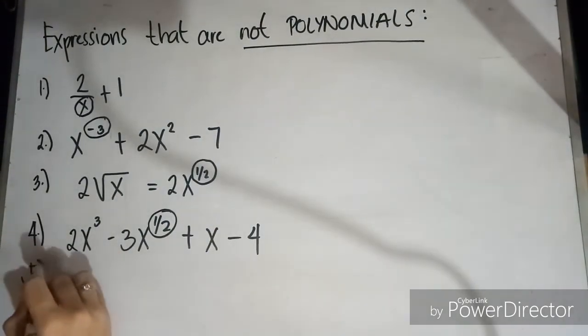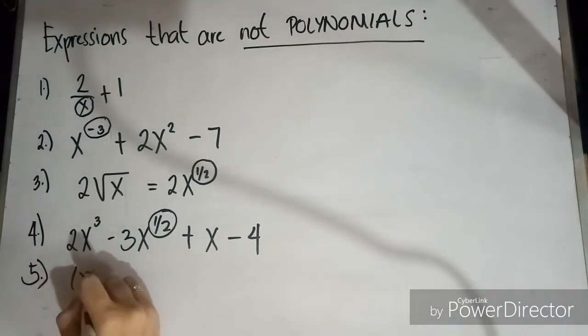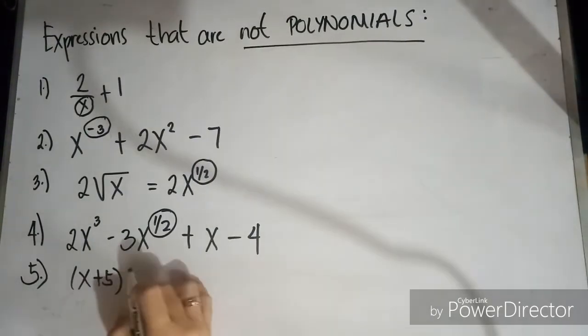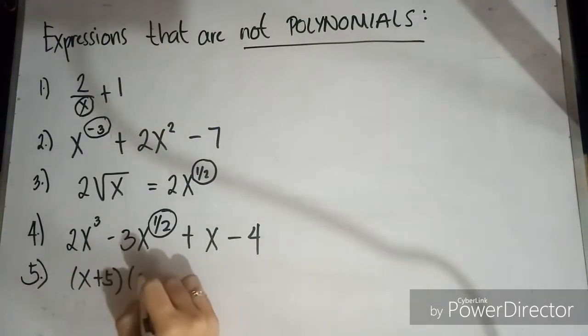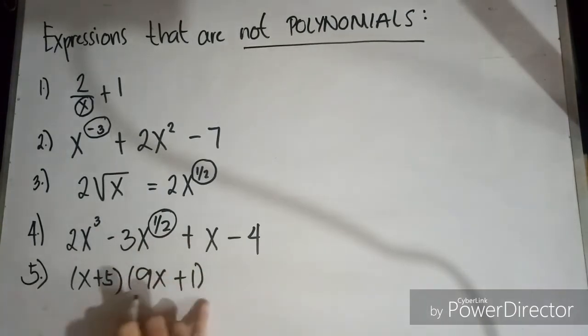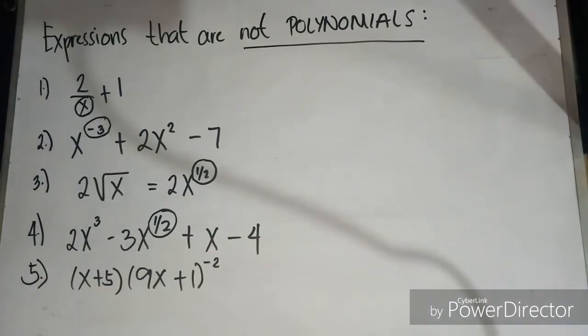How about example number 5? I have here the binomial x plus 5 multiplied to the binomial 9x plus 1, but 9x plus 1 has an exponent of negative 2.